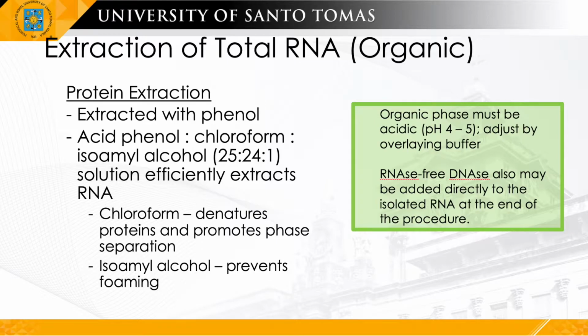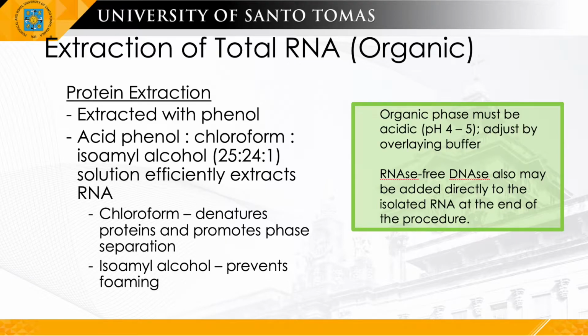The chloroform content denatures the protein and promotes phase separation, and isoamyl alcohol prevents the foaming. So the organic phase should always be acidic. Therefore, if it's not at a pH of 4 to 5, it should be adjusted by overlaying buffer.